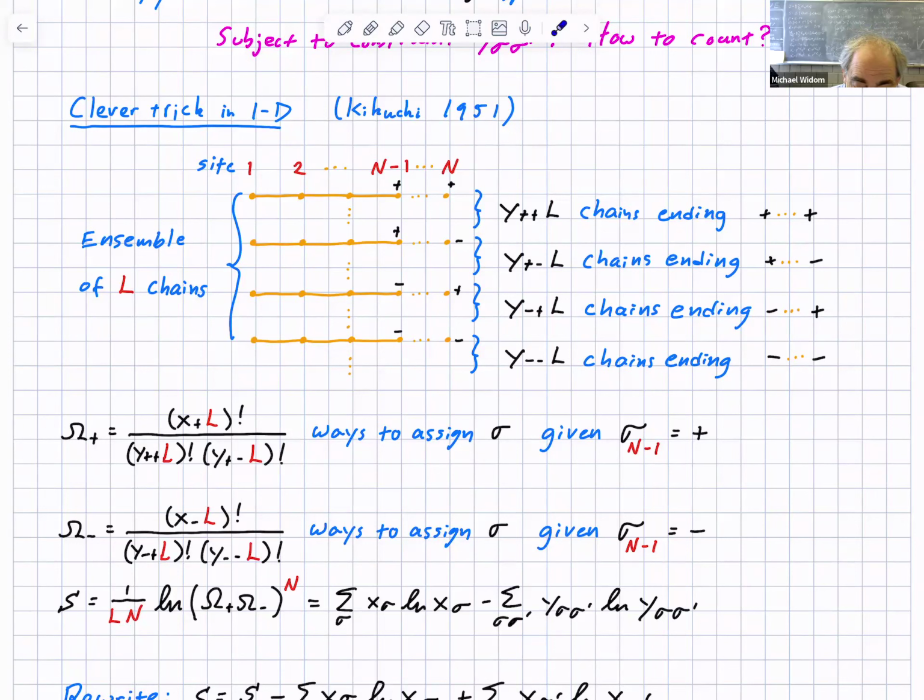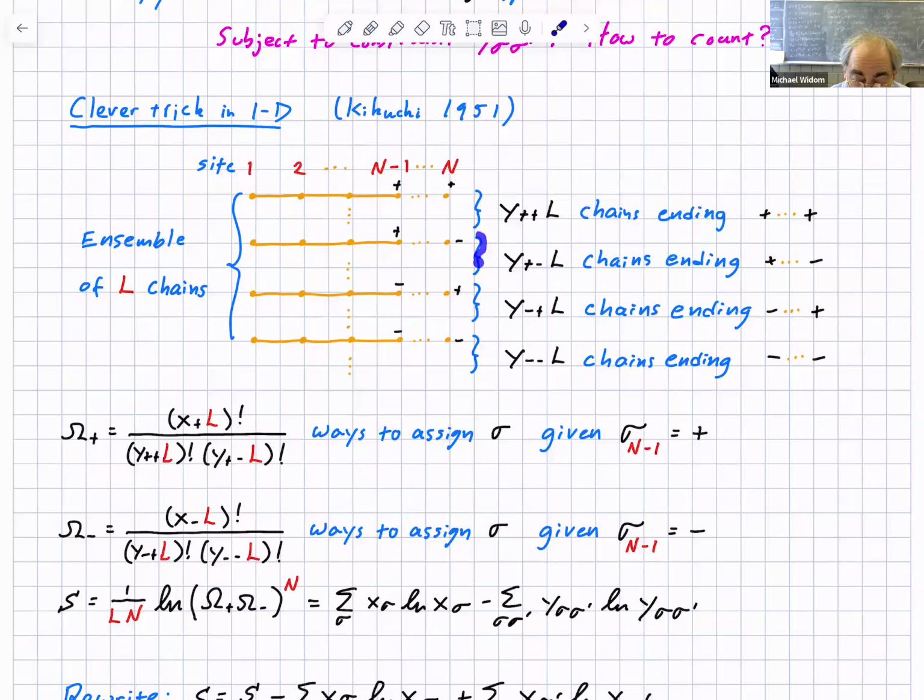Now, this first group that ends with plus, it just so happens that the next spin is also a plus. So how many are there in this group? Well, how many there are in that group is y plus plus times L, because y plus plus means that this spin is plus and that spin is plus.